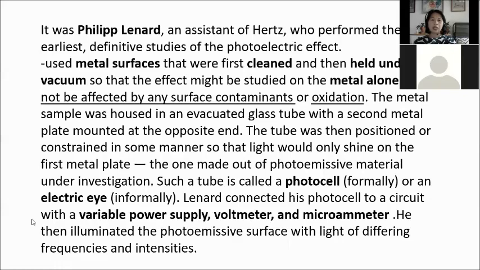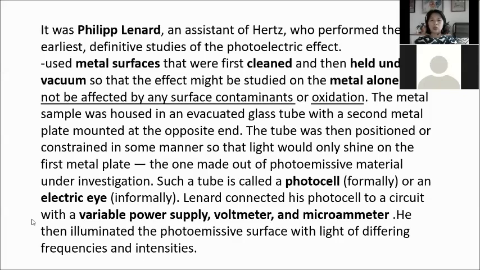It was Philip Lenard, an assistant of Hertz, who performed the earliest definitive studies of the photoelectric effect. Lenard used metal surfaces that were first cleaned and then held under vacuum so that the effect might be studied on metal alone and not be affected by any surface contaminants or oxidation. The metal sample was housed in an evacuated glass tube with a second metal plate mounted at the opposite end.